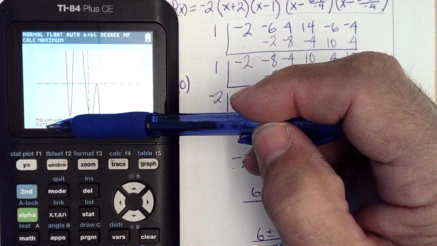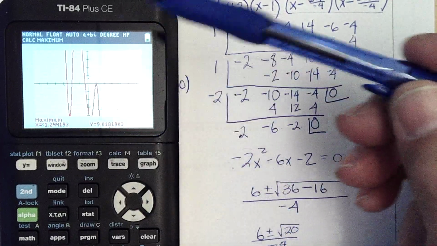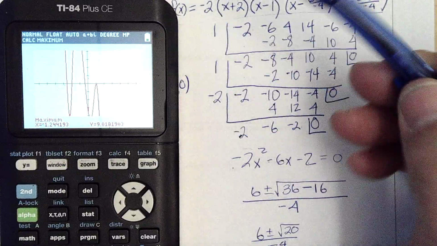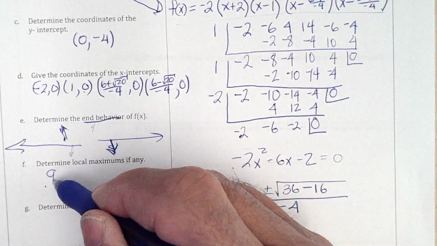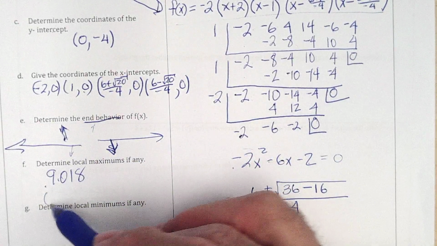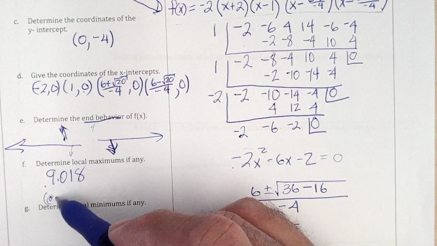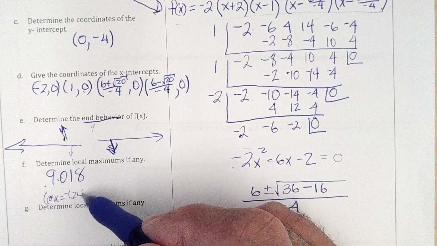And it says no, it happens at -1.244, but the maximum is 9.018. So the maximum is 9.018. Now for future reference, I'm going to write down that happens when x is equal to -1.244.